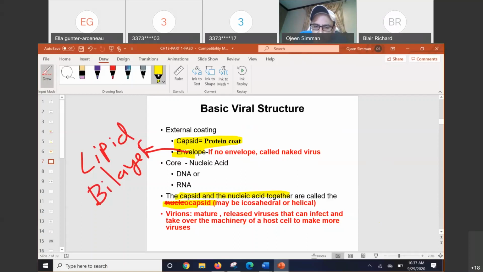The shape of the nucleocapsid can either be icosahedral or helical. And we're going to go over what these shapes mean in a second.